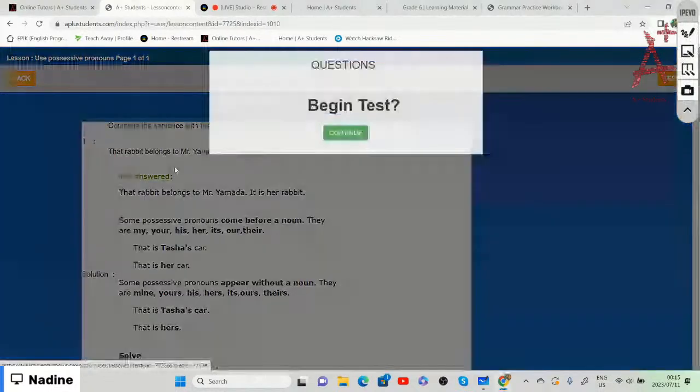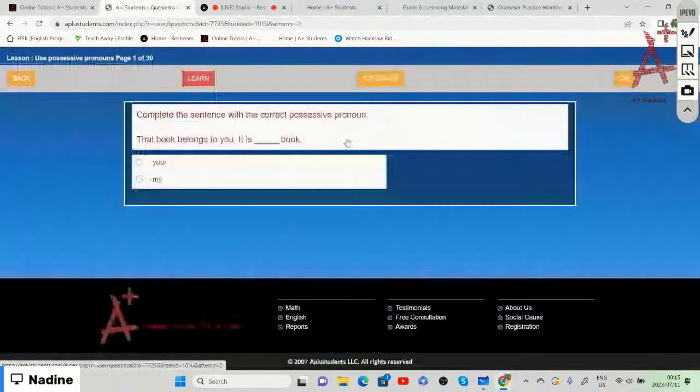All right, let's test ourselves on the use of pronouns. You need to complete the sentence with the correct possessive pronoun. That book belongs to you. Is it your book or my book?